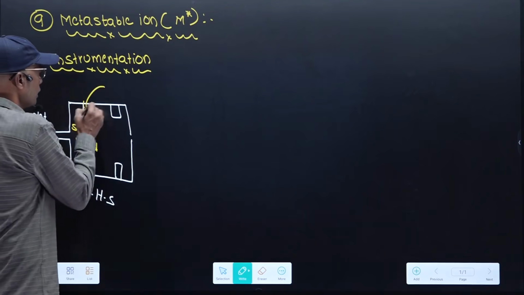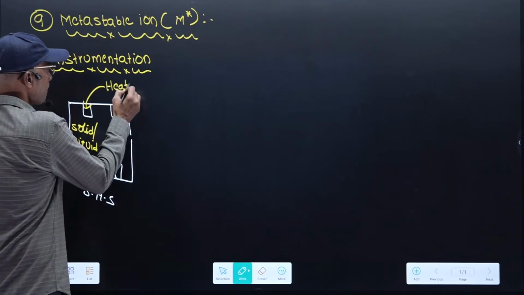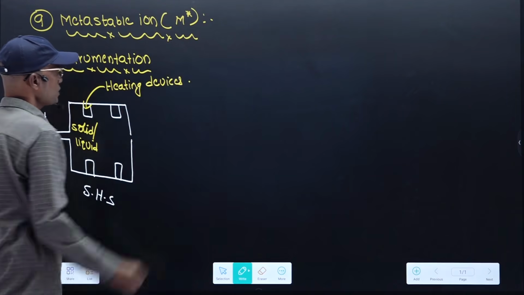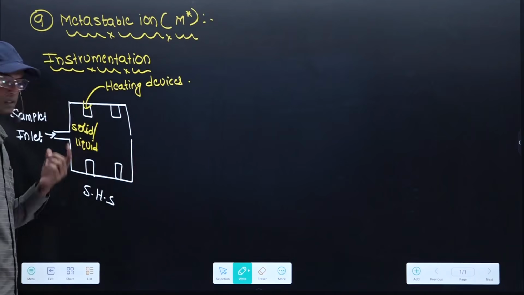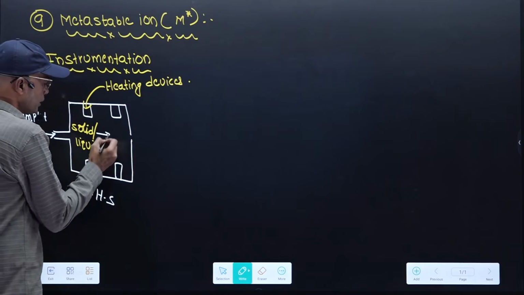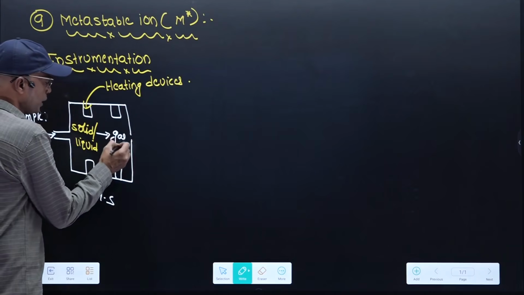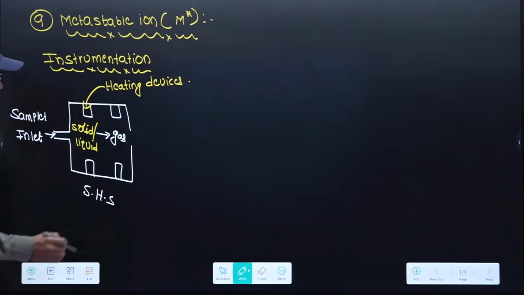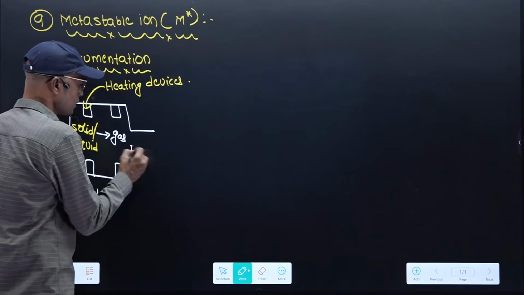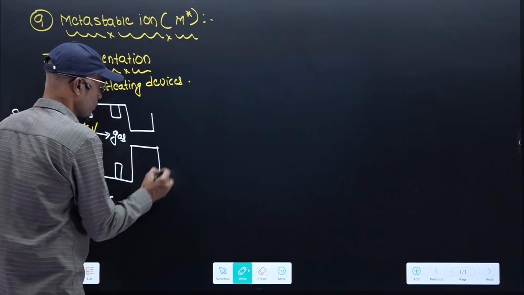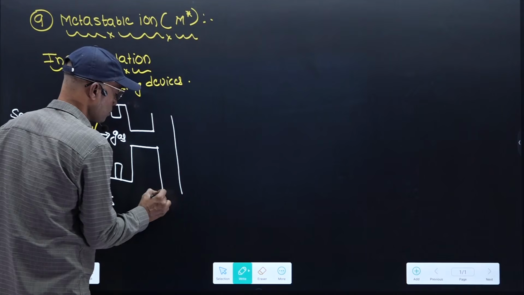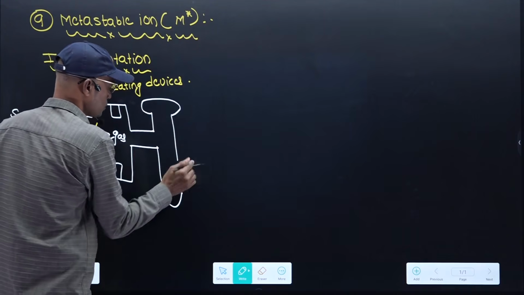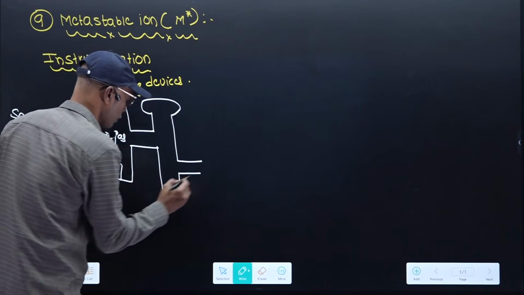Now these are called heating devices. Heating devices supply some heat energy. Now this solid and liquid is going to be converted to gas. It is a gaseous sample or vapor sample. Once it is converted, it is connected to one more part. This is called the sample reservoir.